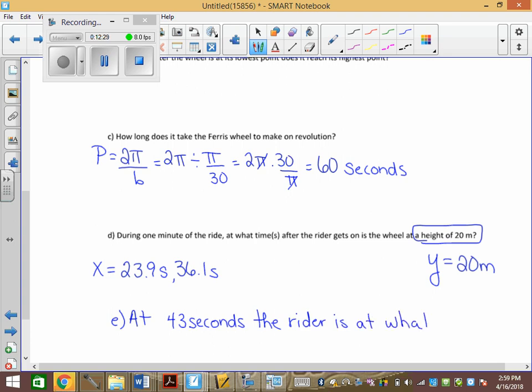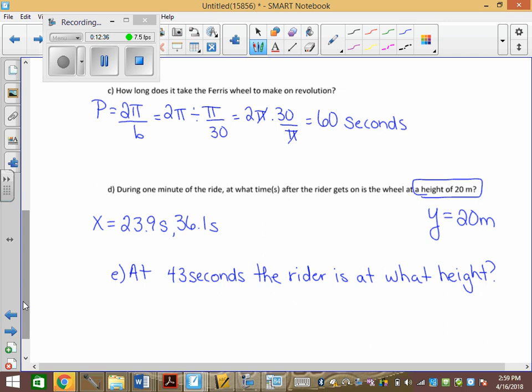So this time, did I give you X or Y? I gave you X. Where's the only place you can punch into X? Second, trace, value, and X equals pops up, and you're going to put in 43, enter.